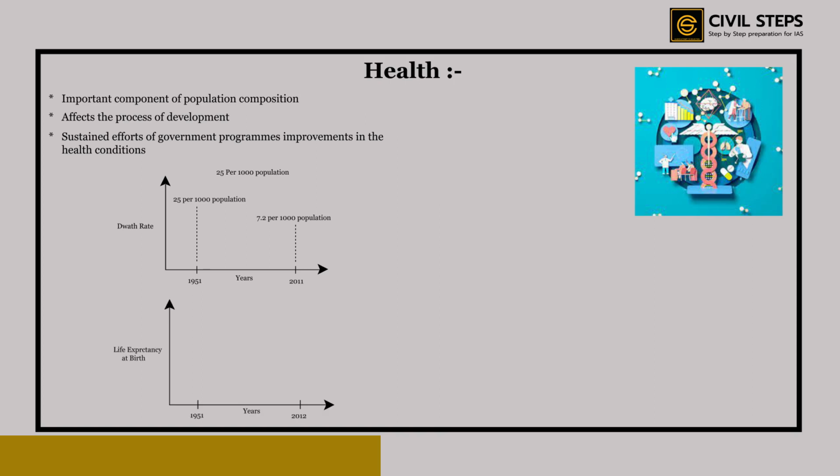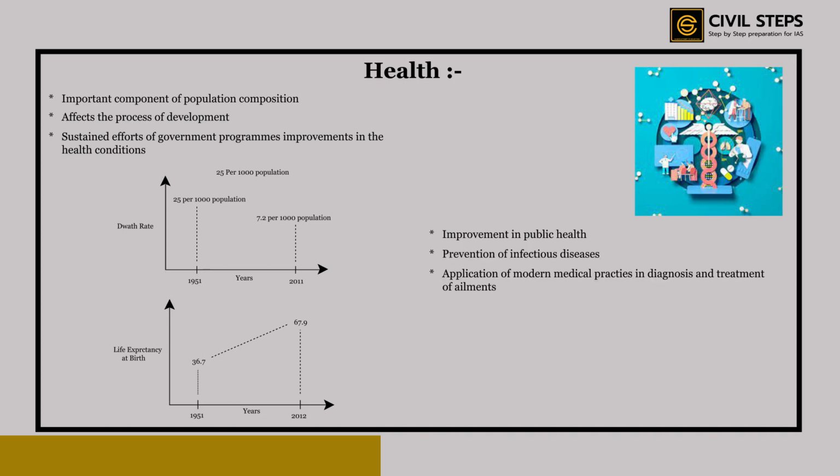Also, the life expectancy at birth has increased from 36.7 years in 1951 to 67.9 years in 2012. The substantial improvement is the result of many factors, including the improvement in public health, prevention of infectious diseases, and application of modern medical practices in the diagnosis and the treatment of ailments.